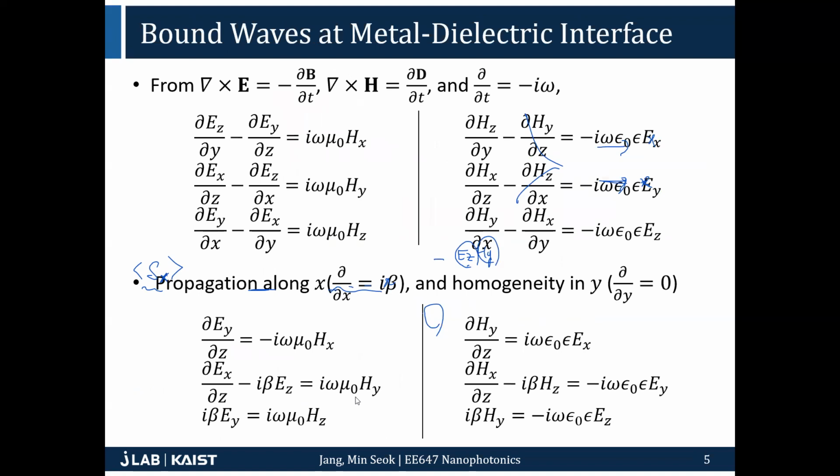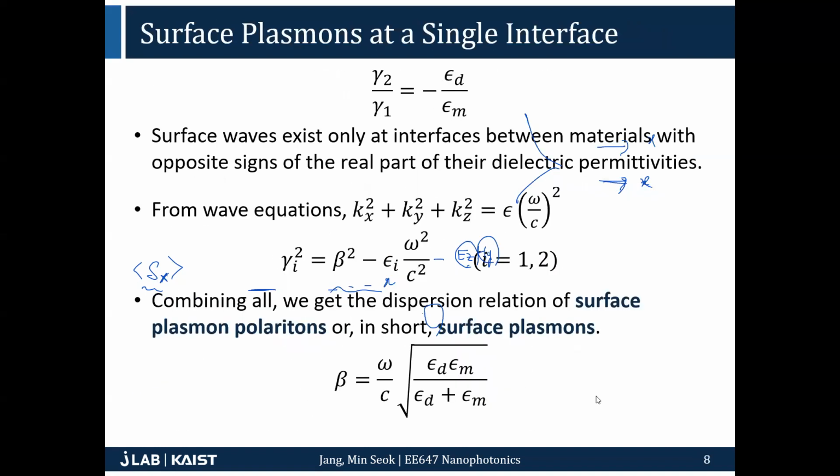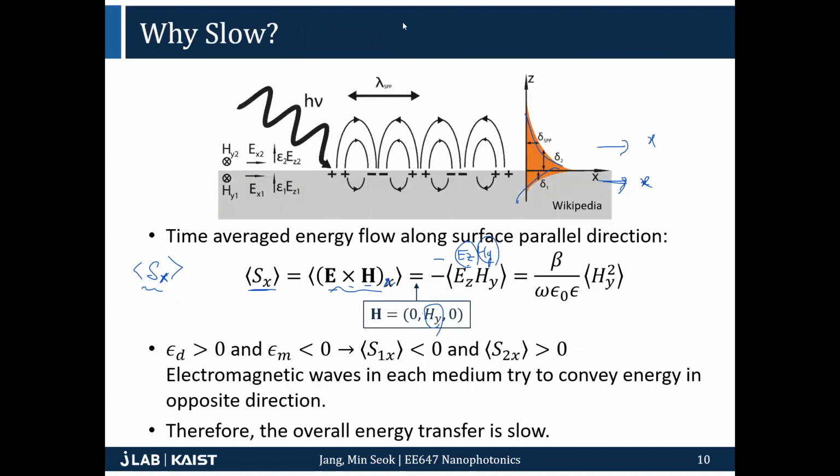Where is it? Here. So if you have Hy, you can obtain Ez from it, right? So there's no problem doing that. Now, if you do so, your Poynting vector along x direction can be summarized into this equation.